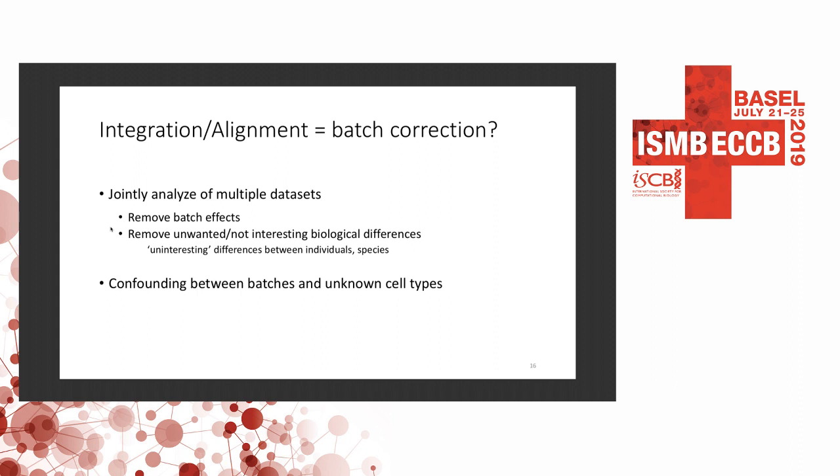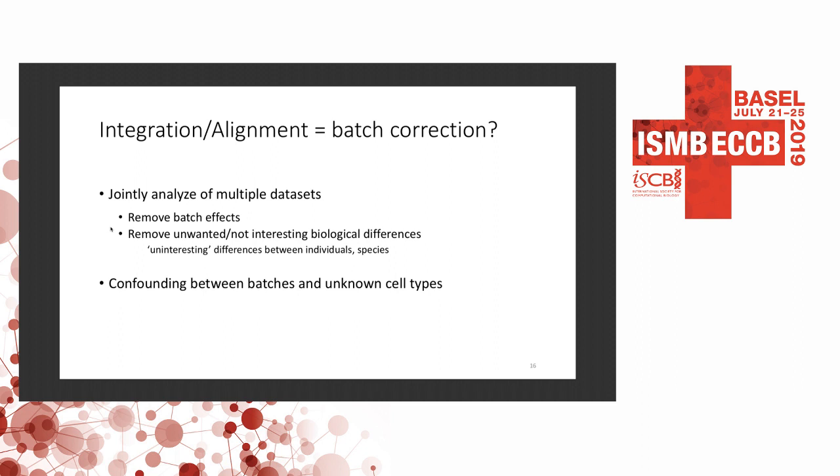For example, for mouse and human, there are so many differences, but they still try to align, maybe because they are just interested in what the different cell types are, what is a new cell type in human that is not represented in mouse, and they're not interested in the common difference between human and mouse. So that's a very vague goal, though in the papers, the researchers want to do that.